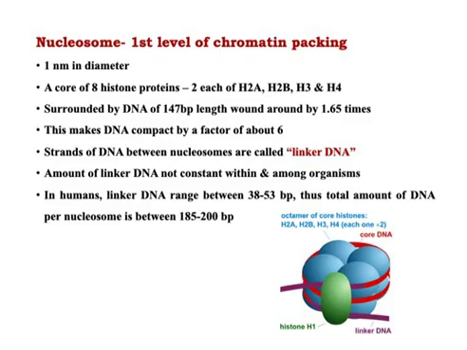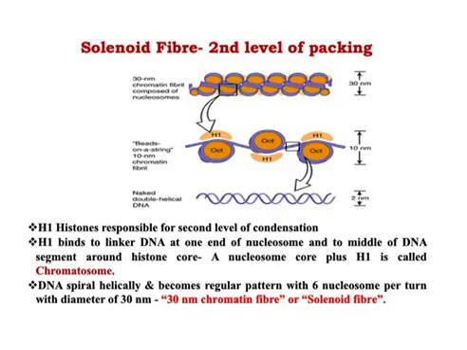These are bound, and the H1 histone protein, green color, is interconnecting in between the two beads. All that part of the structure with the chromosome packing is again highly condensed, spirally coiled, and you see the 30 nanometer diameter of the chromatid, that means nucleosome, is called the solenoid fiber, solenoid model. Tightly coiled nucleosome is called a solenoid.